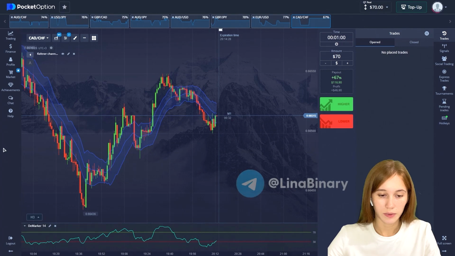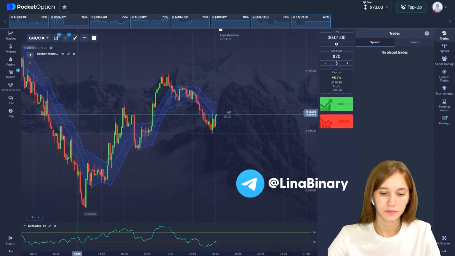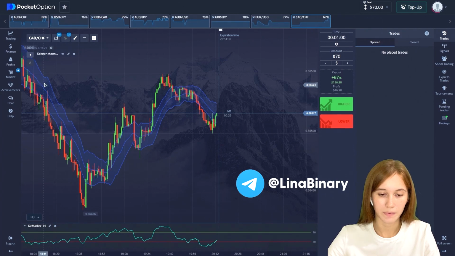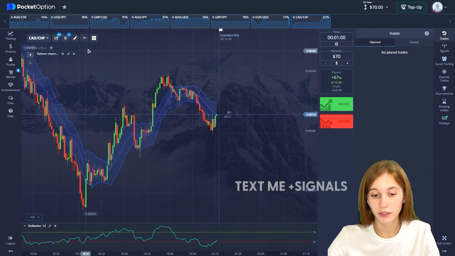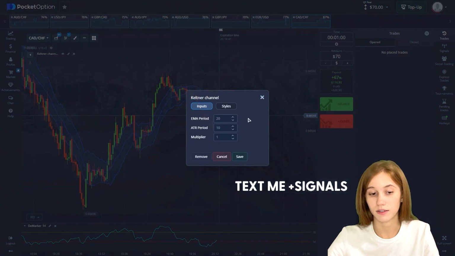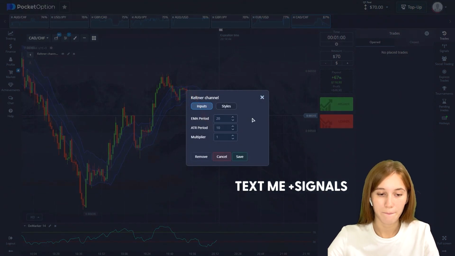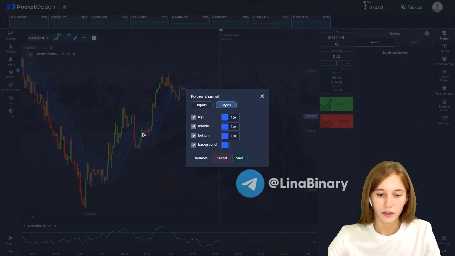So our indicators today, as I said, the Keltner channel, is located on the chart itself, and these are the settings. You can copy it and use it.